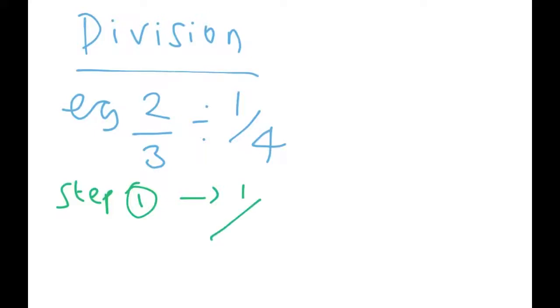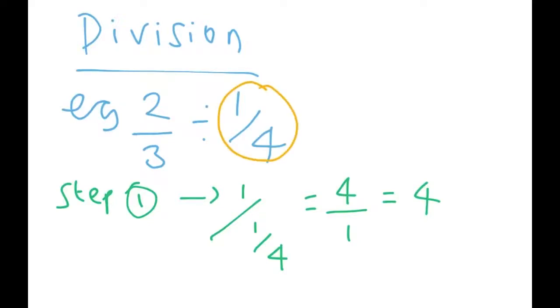So 1 over 1 over 4, which is the same thing as 4 over 1, which is 4. So if you don't want to remember it that way, or you find that a little bit confusing, just think, if I flip over this fraction, turn it over on its head, what do I get? You get 4 over 1, which is 4, which is the same thing as what we just did in the reciprocal bit. So that's step 1.